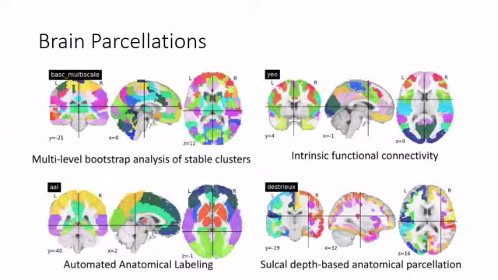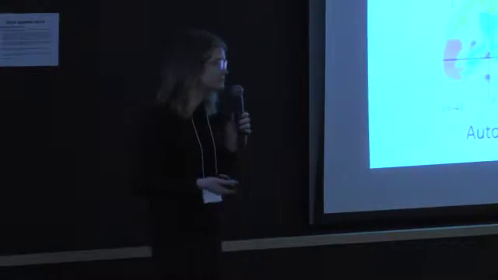We can look at anatomical parcellations, grouping together regions of the brain that have a similar anatomy defined in the literature. We can also look at more data-driven approaches. Are there regions that have similar activity, that often fire similarly together? So why don't we just push the activity of those regions together? We have a number of atlases that are creating regions of interest based on different characteristics of the brain.